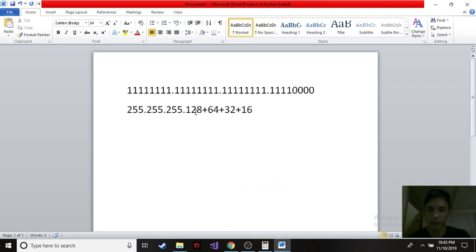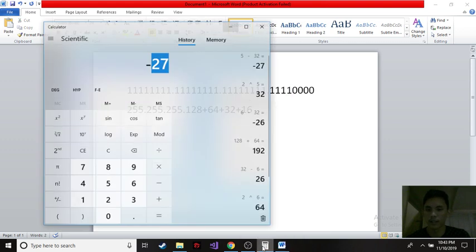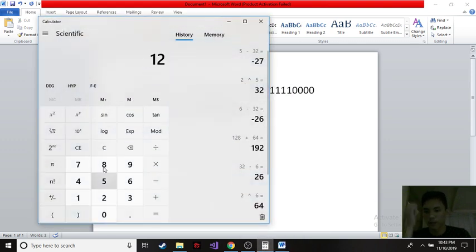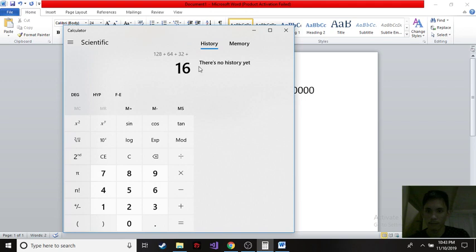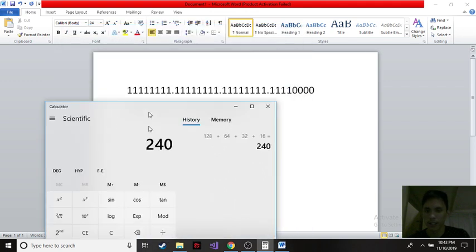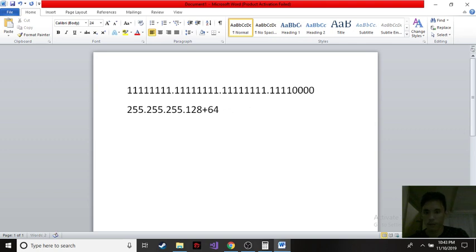So we're going to compute here to get the answer. So 128 plus 64 plus 32 plus 16, the answer will be 240. Wait, the last octet has only three ones, so 128 plus 64 plus 32, so this should be 224, a mistype.